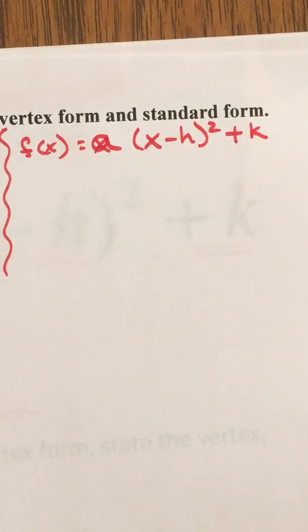Go solve for A. Use A and your vertex to write the vertex form of the equation, just like we did in number 13. And then expand that out to get the standard form, just like you were supposed to do in 13 and we did do in problem number 3. If you get stuck, come and talk to me.